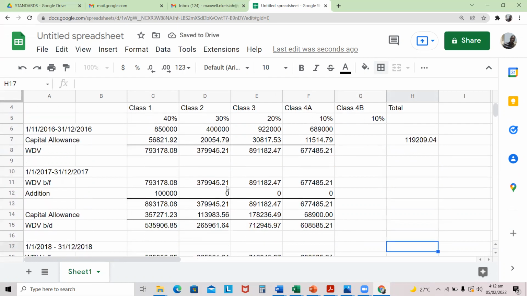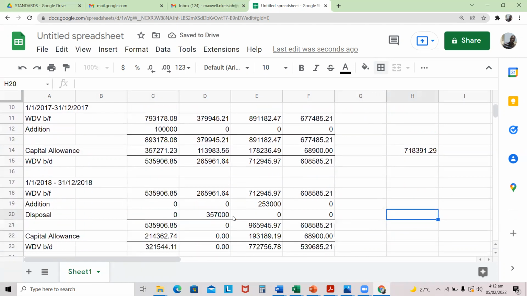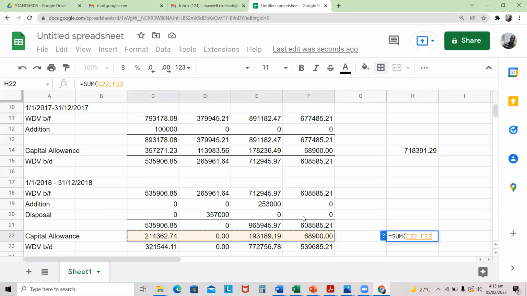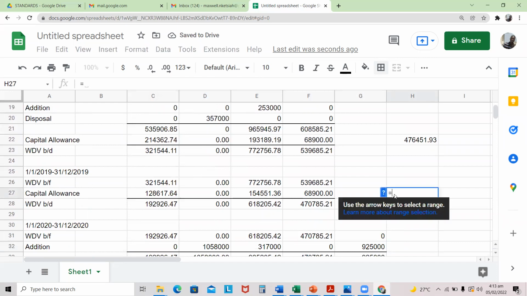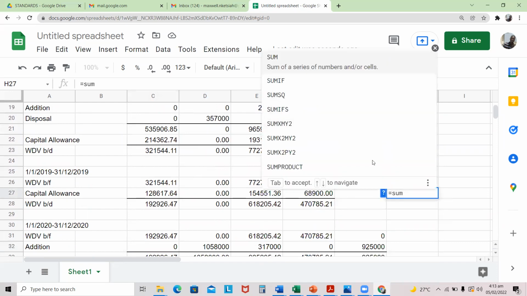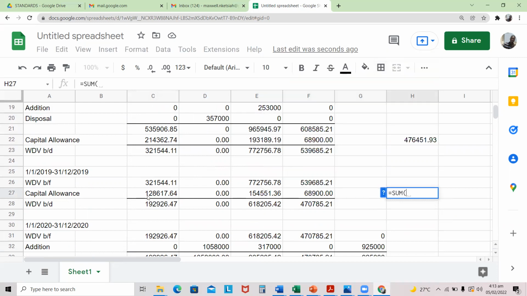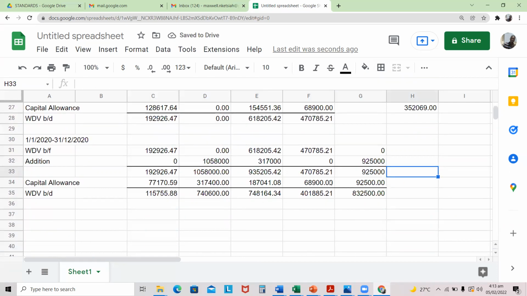This is here. 2017, total capital allowance is that. 2018, total capital allowance is all of this. 2019, total capital allowance. 2020, total capital allowance.